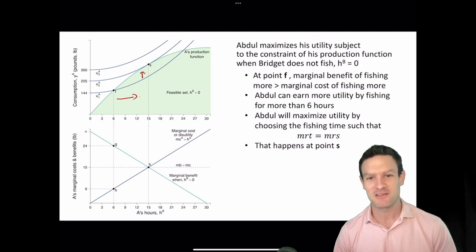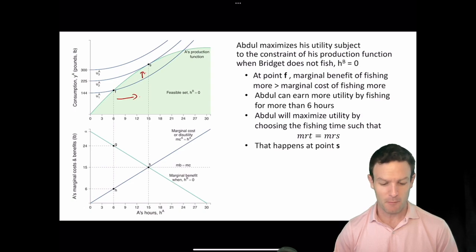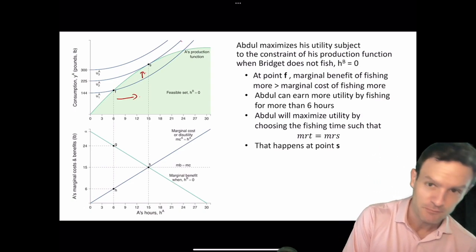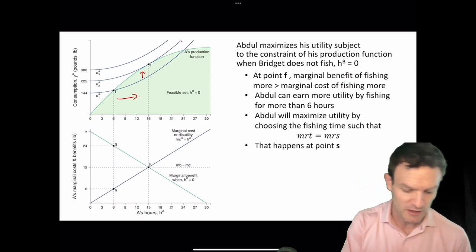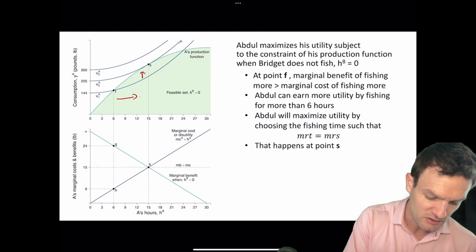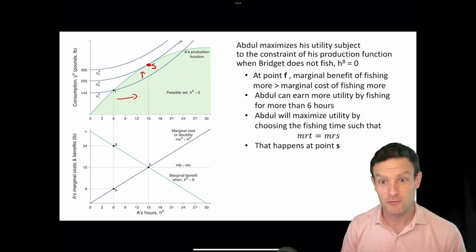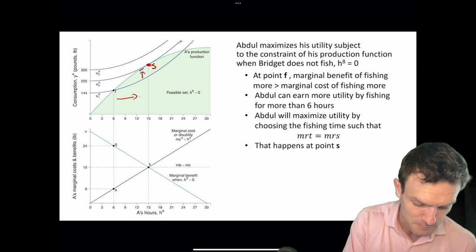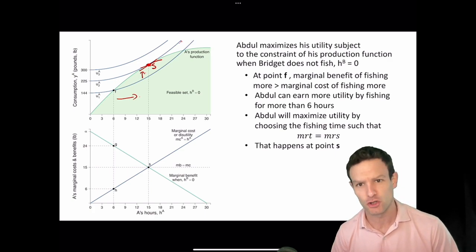Now, that happens at point S. Also at point S, what happens? Just as a reminder, in terms of MRT equals MRS, the MRS, what's that defined as? The MRS is the negative of the slope of the indifference curve. So we can think about that coming from our indifference curve here, and we've got the slope of the indifference curve over here at point S. So we've got the slope of the indifference curve at point S being equal to the slope of the feasible frontier at point S. They are tangent at that point, therefore their slopes are equal.